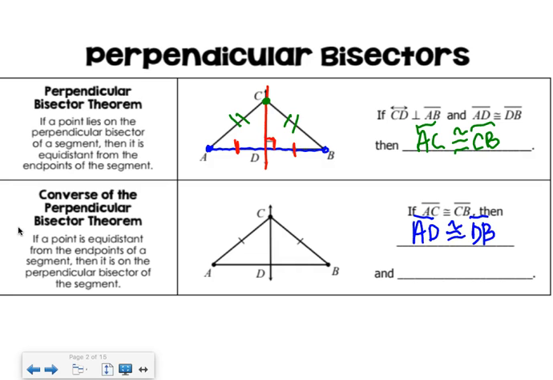What else? CD is perpendicular to AB. Yep, and then I would know that this is perpendicular. Remember that upside down T is our shortcut for perpendicular.